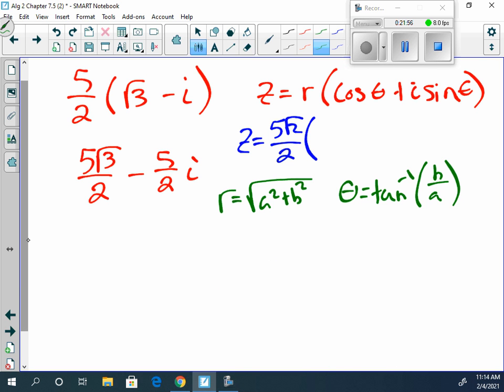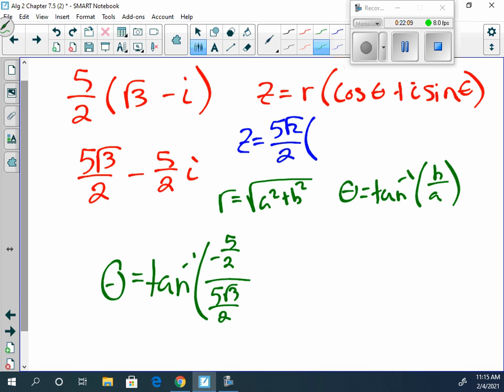Now we need to find theta. Well, theta is equal to tangent inverse of negative 5/2 over 5 square root of 3 over 2. You can type it in just like that: tangent inverse, fraction on top, negative 5/2.